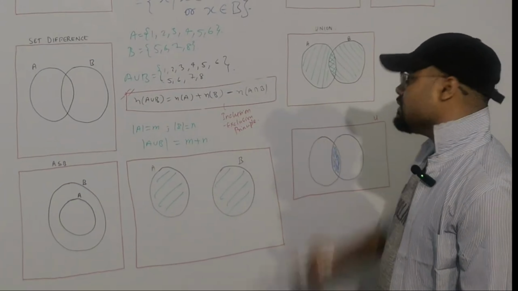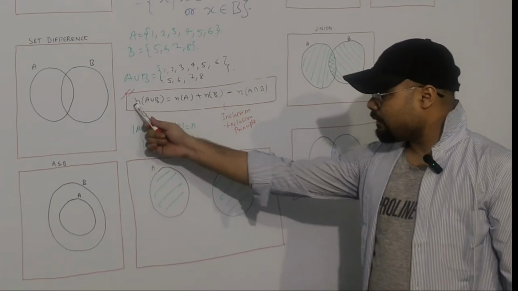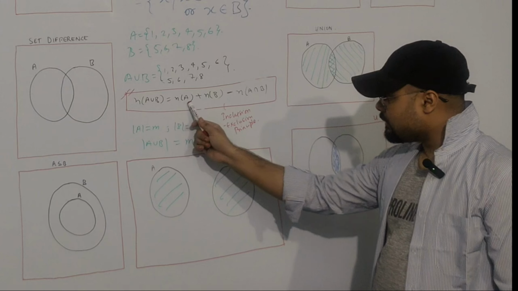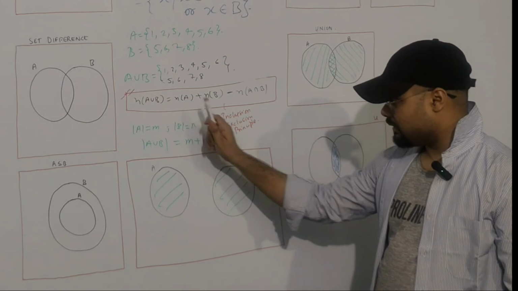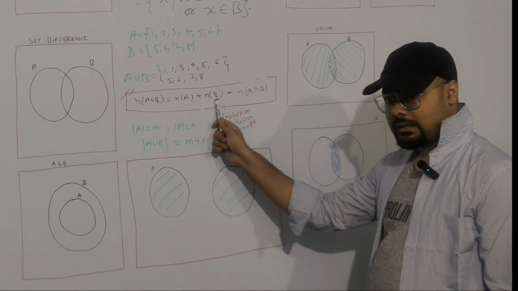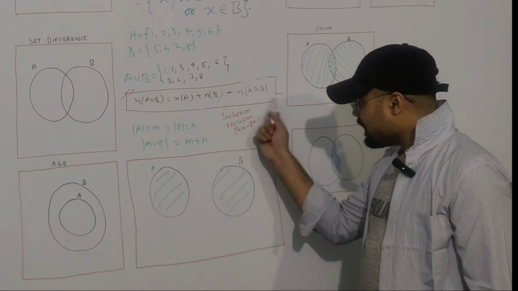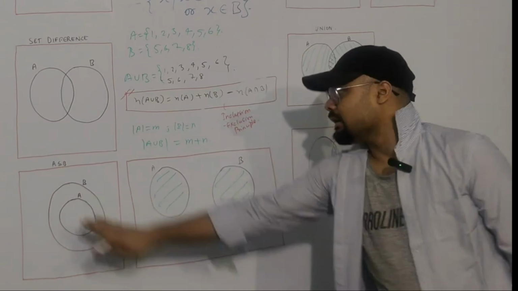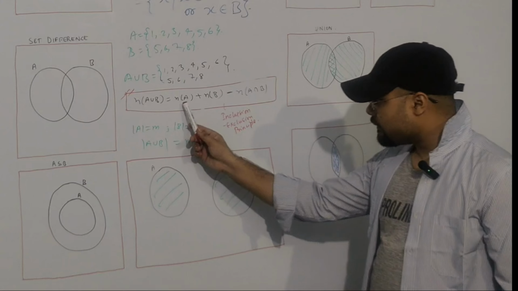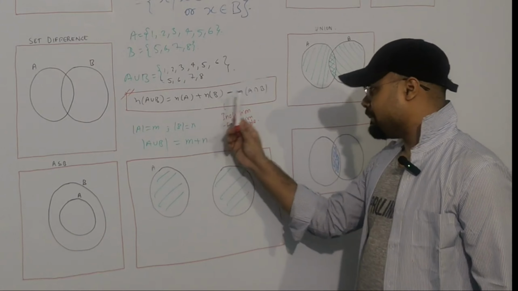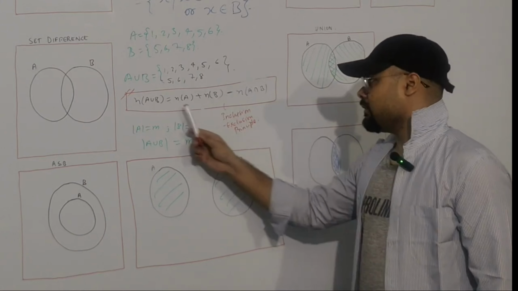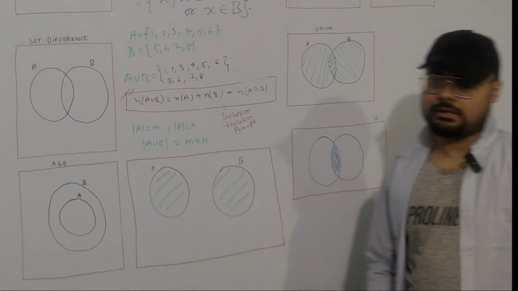See if this formula holds for that or not. The number of elements in A union B is equal to the number of elements in A plus the number of elements in B minus the number of elements in A intersection B. And the number of elements in A intersection B is the entire A. So this becomes the number of elements in A plus the number of elements in B minus the number of elements in A, which is nothing but the number of elements in B.